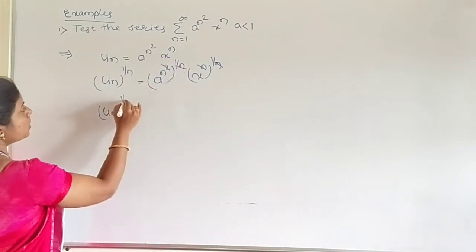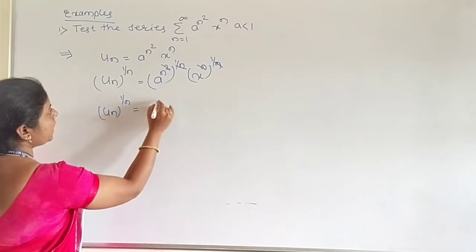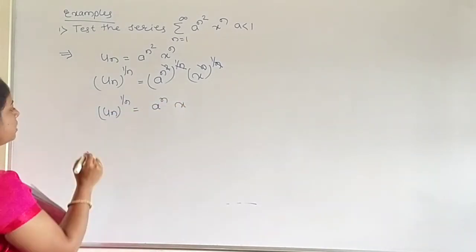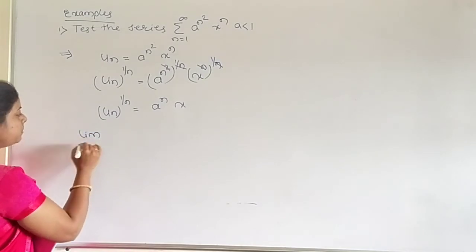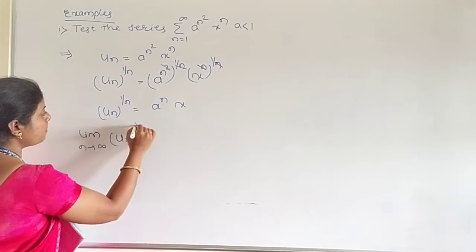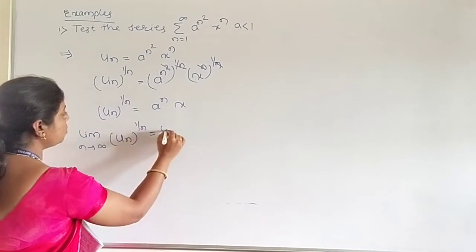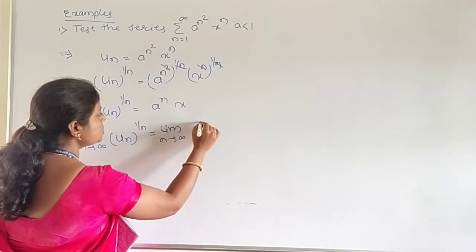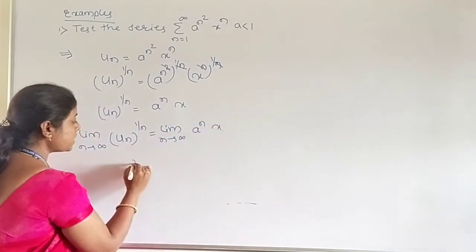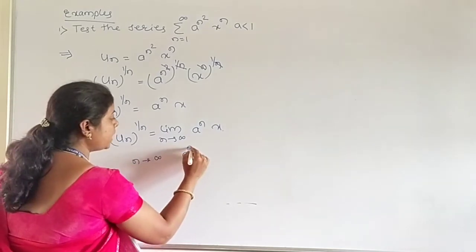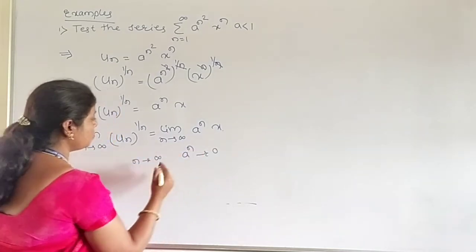Un to the power 1 by n is equal to a raised to n into x. After simplification, we apply the limit as n tends to infinity. Limit of un to the power 1 by n is equal to limit as n tends to infinity of a raised to n into x. As n tends to infinity, a raised to n tends to 0.